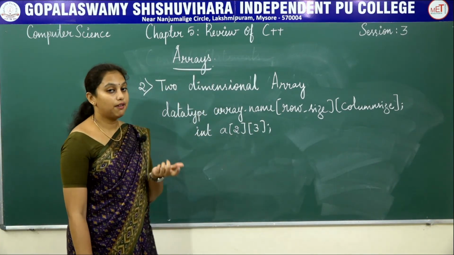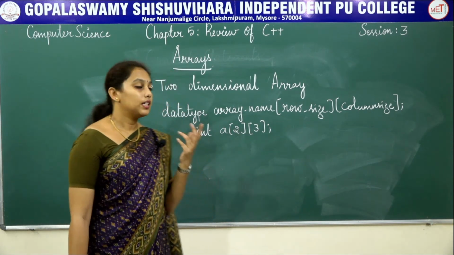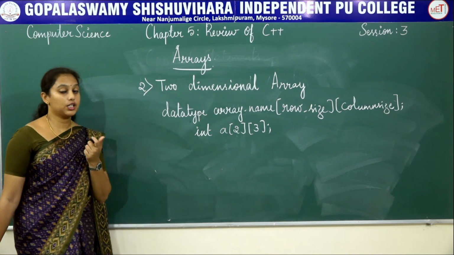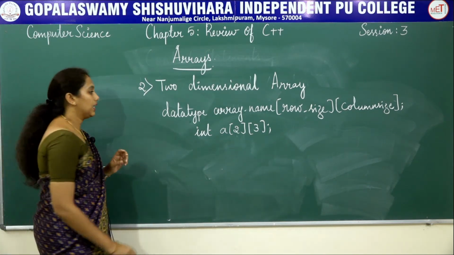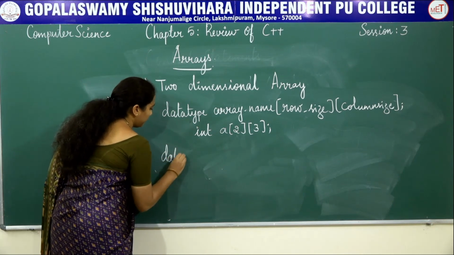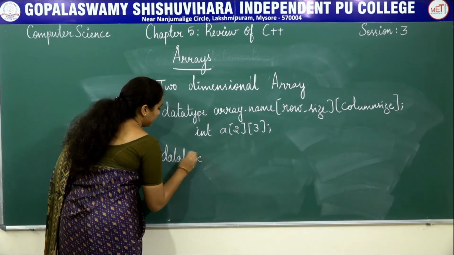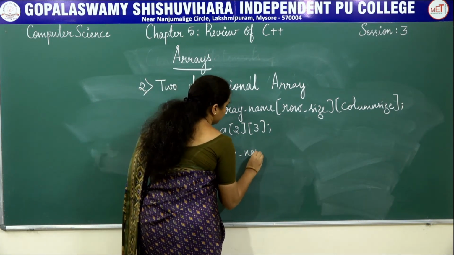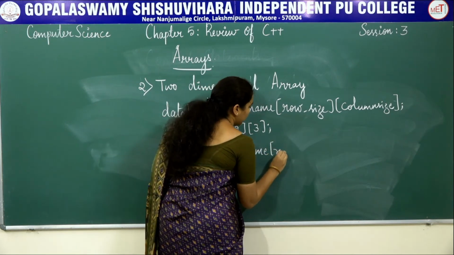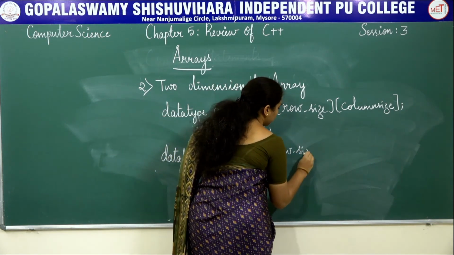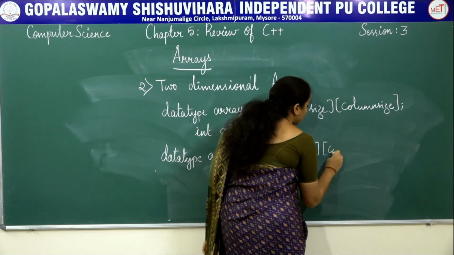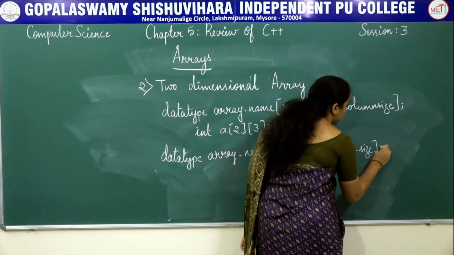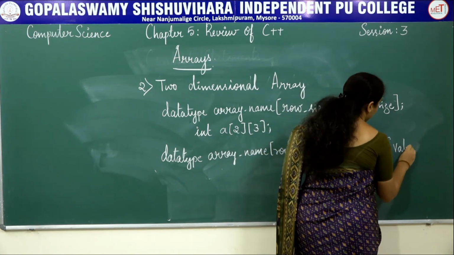How to initialize the values of a two-dimensional array? The initialization syntax for a two-dimensional array is data type, array name, row size, column size is equal to values.